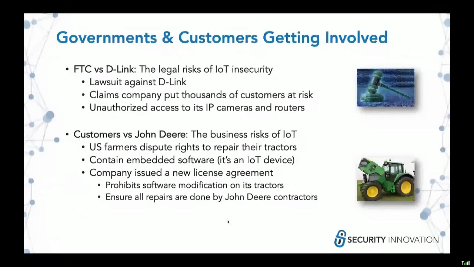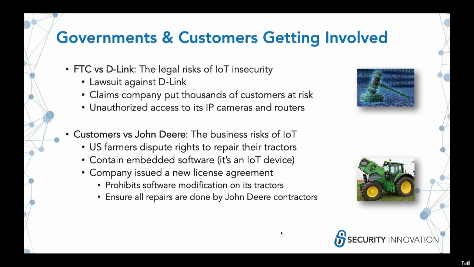However, today's tractors made by John Deere are very much IoT devices. And in fact, there's so many connected elements and so much software in the devices that John Deere didn't allow farmers to repair their tractors because it was infringing upon software license agreements and device license agreements.